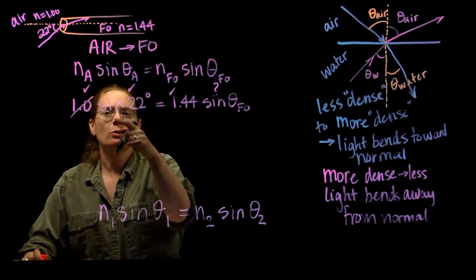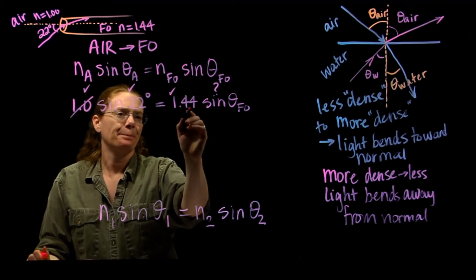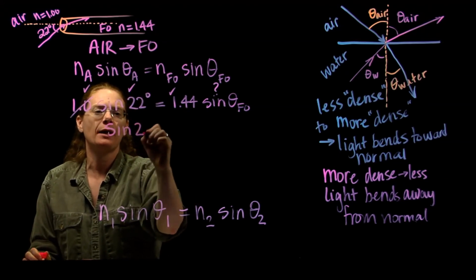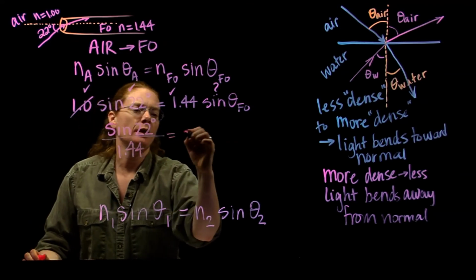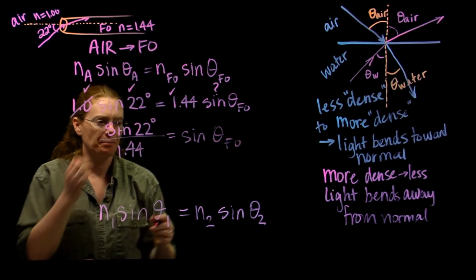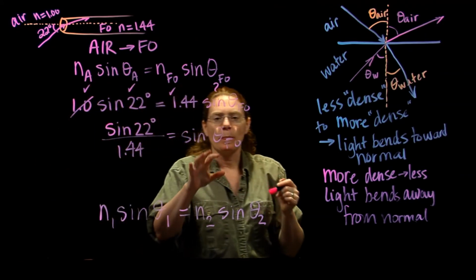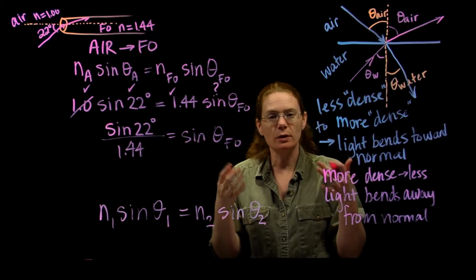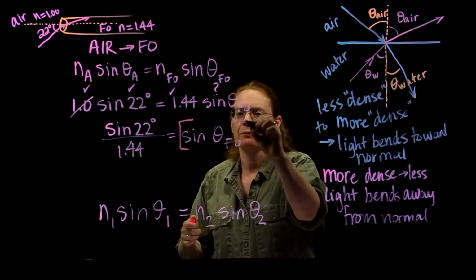So, okay, if I get rid of the sine 22, then I'm going to bring the 1.44 over to the other side. So divide both sides by 1.44. That'll give me this equals the sine of the angle in the fiber optic. And now I want to get rid of the sine. So you can't just divide by the sine because the sine alone doesn't mean anything. This whole thing is one chunk.